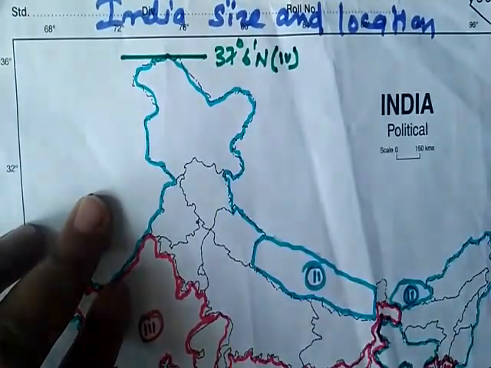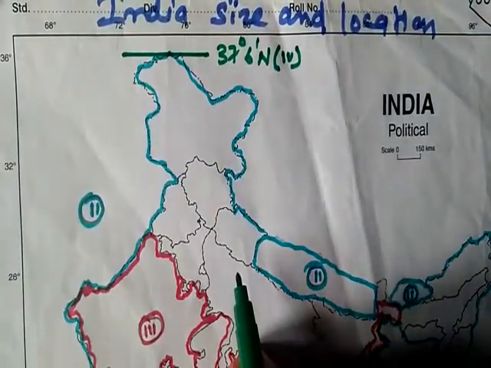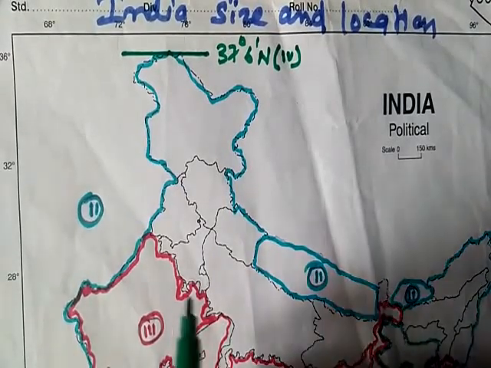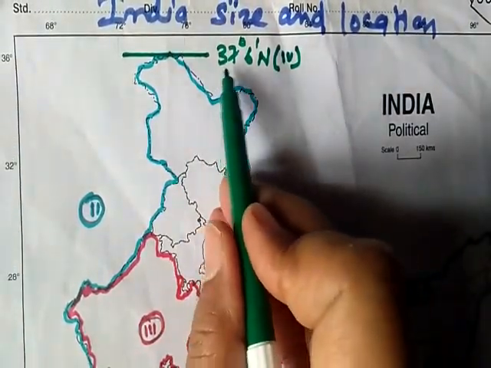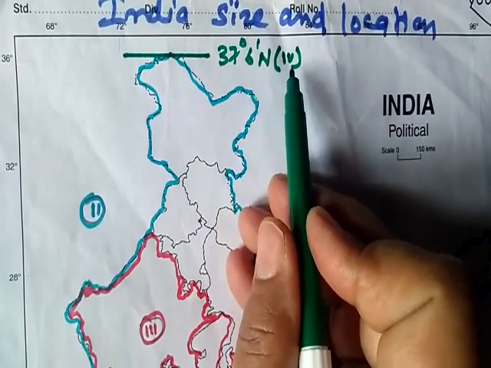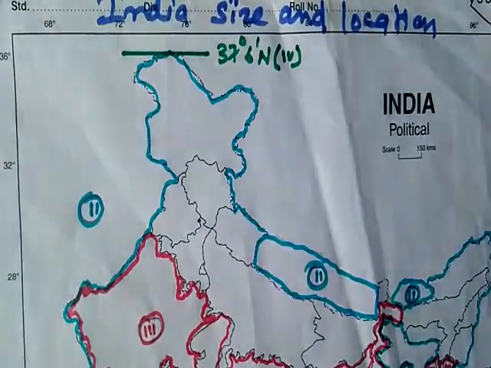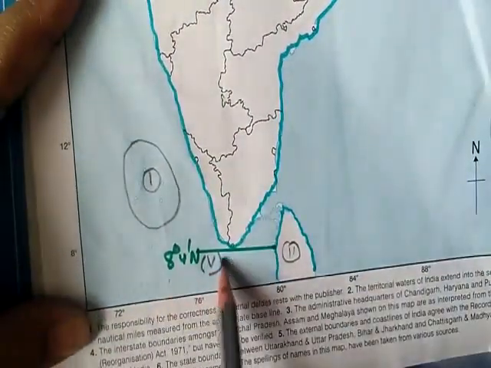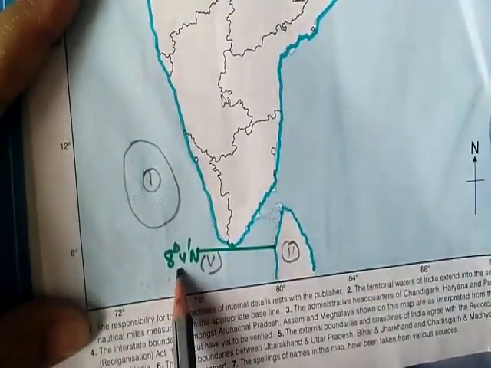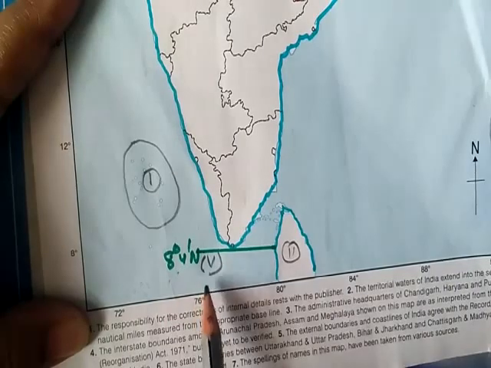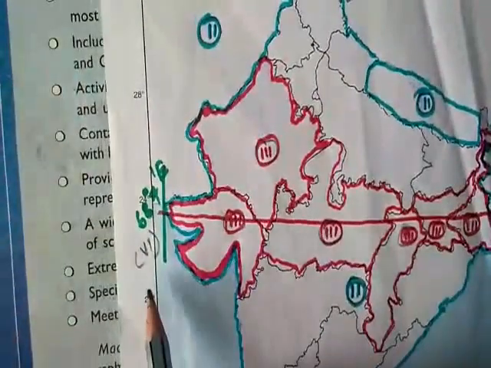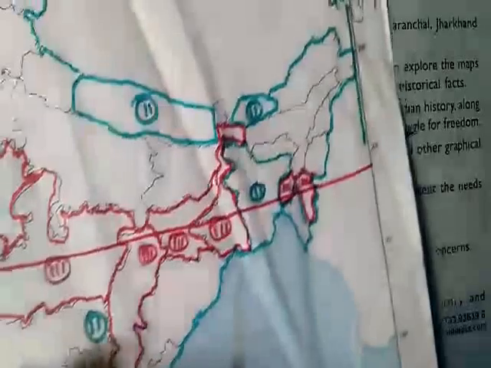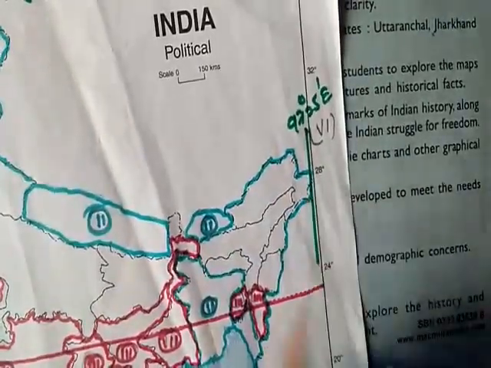In this way you will do question number 5 and 6 also. You will show the lines, and then write this one, and then also give the question number. This way you will do question number 5. You will give the line here and write down the latitude, and then the question number in this way, question number 6.